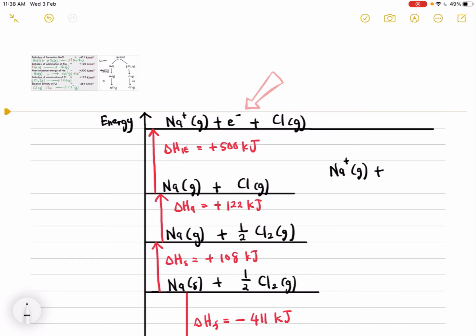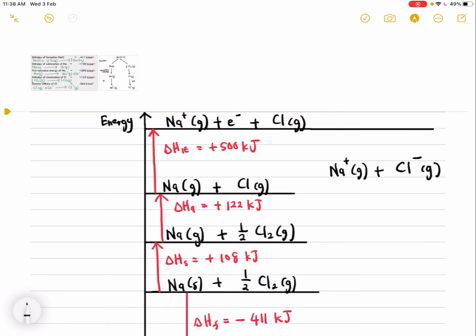When the gaseous sodium undergoes ionization energy, it will release 1 mole of electrons and form the Na plus gaseous ion. That released electron will be accepted by the Cl gaseous atom just now. Upon receiving the electron, the Cl will become Cl minus.